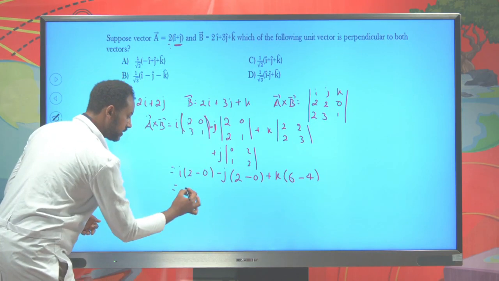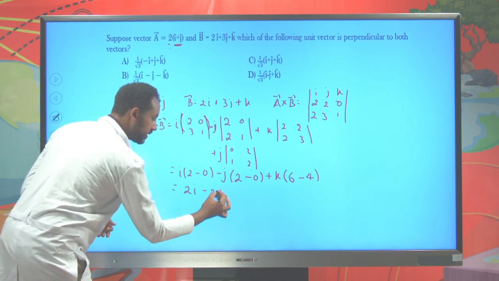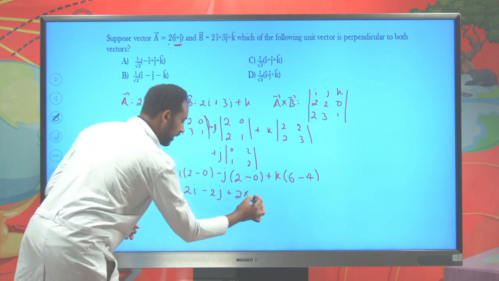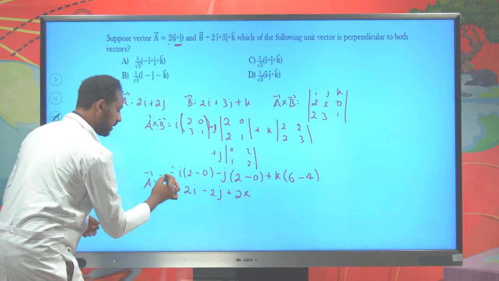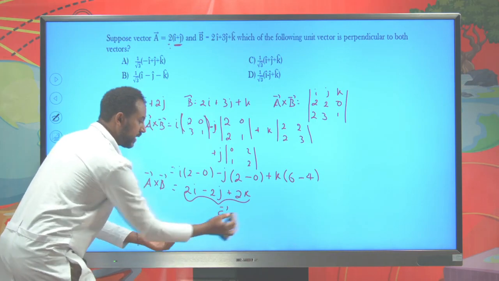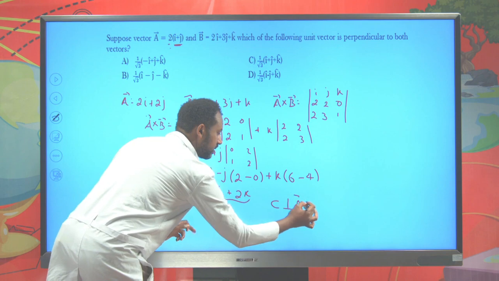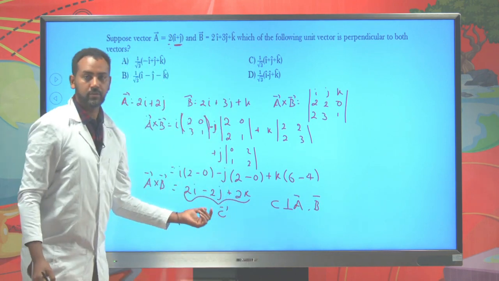At last, this is 2i, minus 2j, and 2k. This is the resultant of vector A cross B. Let's say this is vector C, and vector C is perpendicular to both vector A and vector B. This is how we determine the cross product of the two vectors.